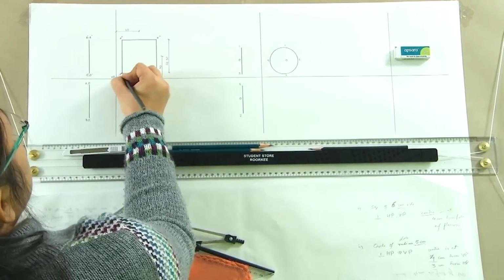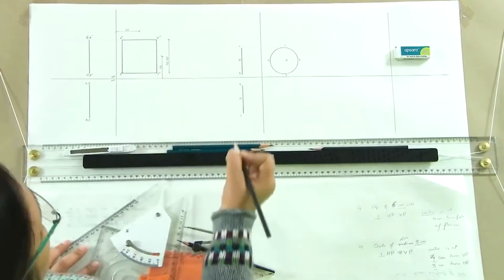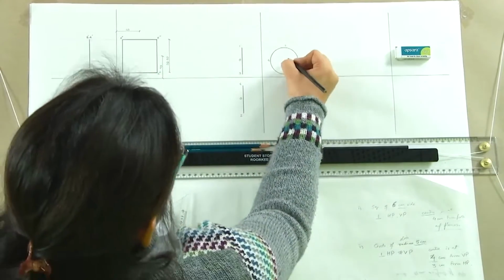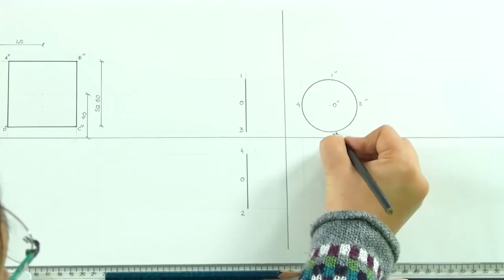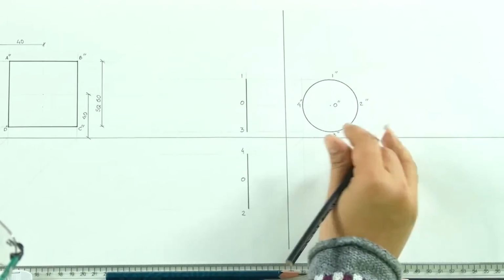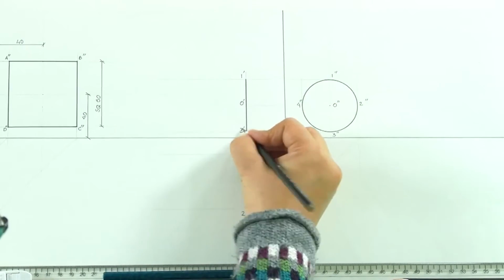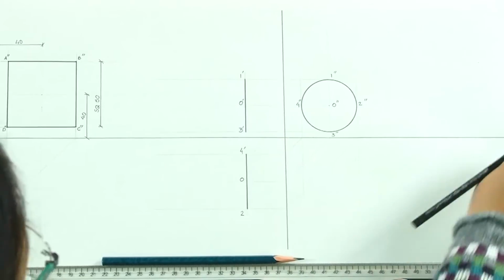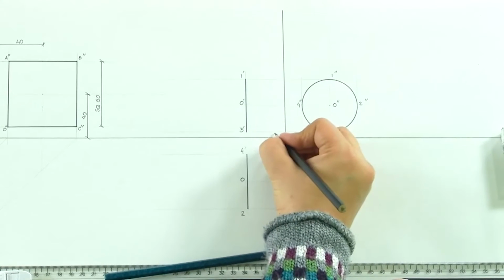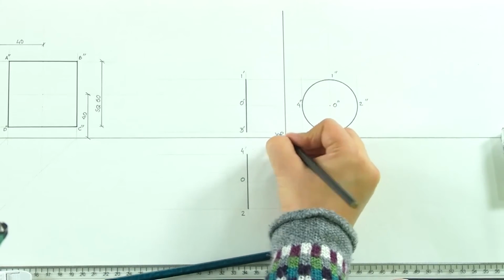So, A double dash, B double dash, C double dash and D double dash. And the same thing will be here. So, we will be marking these points with double dash, which implies that this is the side view, this is elevation, and this is plan. So, we are not having any plan here. So, that is the final drawing, and then you do the labeling.